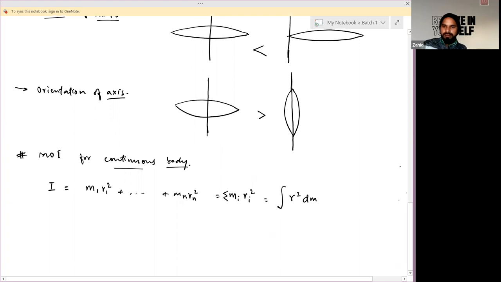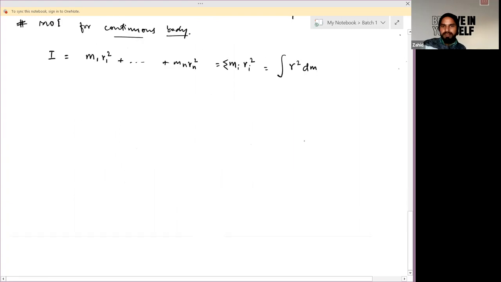Now, we have to apply this formula to calculate the moment of inertia of a continuous body. Suppose you have to calculate the moment of inertia of a uniform rod about its center of mass.